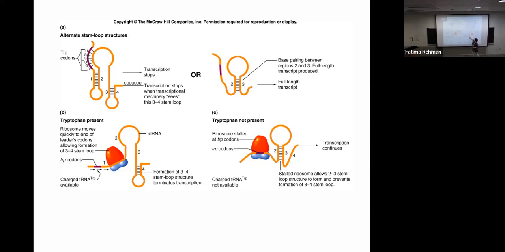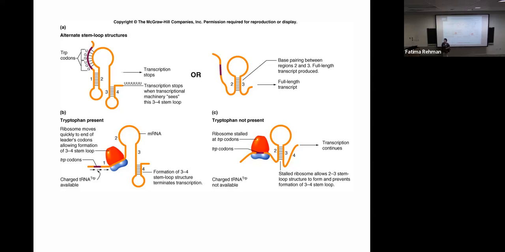And the 3-4 stem loop structure will form, and it will terminate transcription because it's going to be like, oh, there's plenty of tryptophan here. Why am I making more? Because it was able to cross this path. It creates the stem loop structure that stops the transcript.